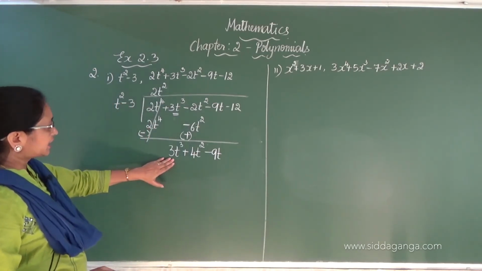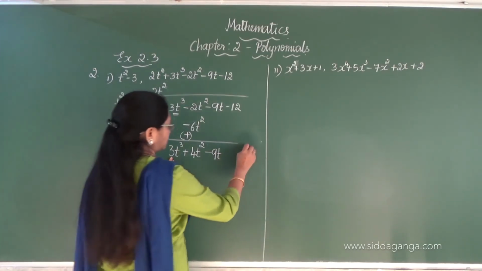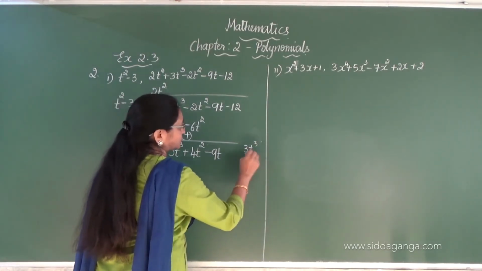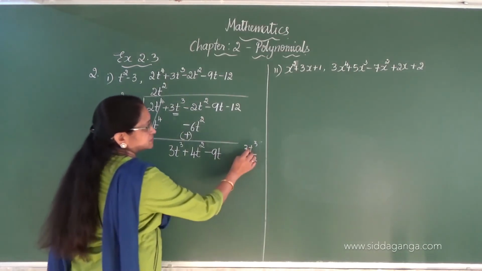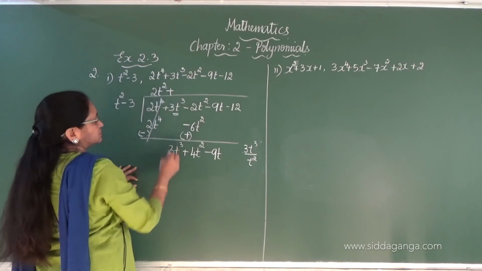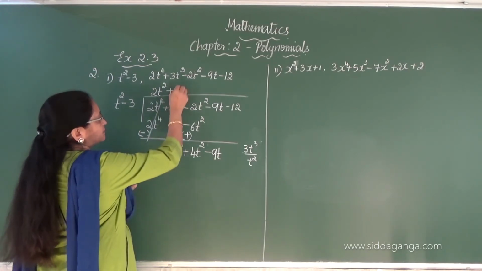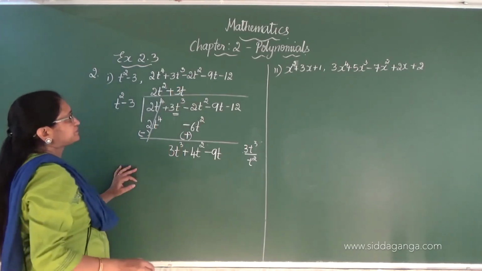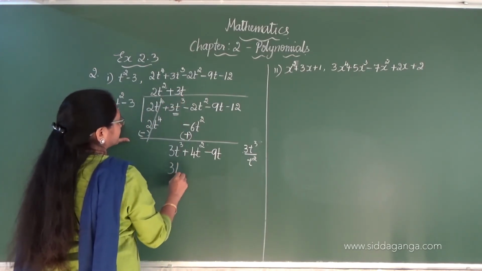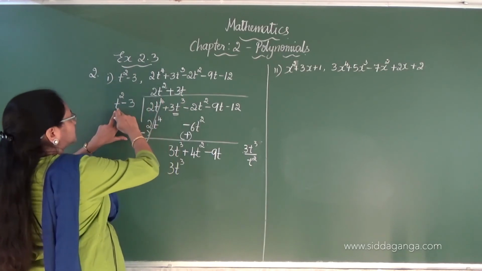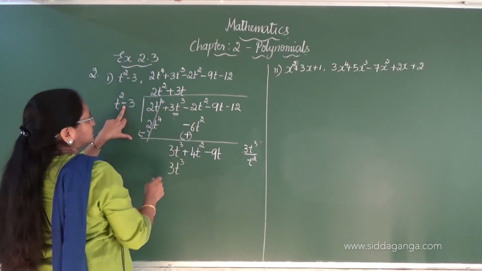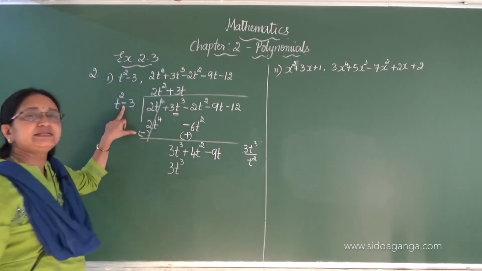Now again you divide 3t cube by t square. So what remains? 3t. So the next term will be plus 3t. Now see here, t square into 3t cube, plus into minus, 3 threes are 9t.